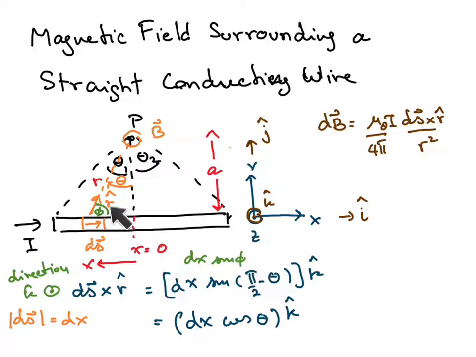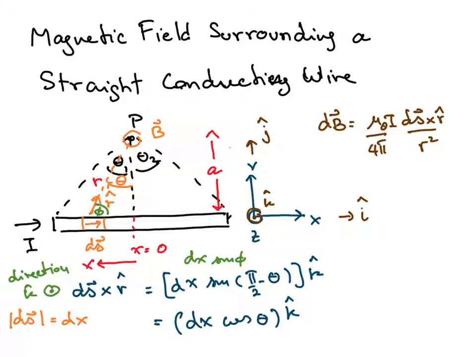But we can see that from this triangle, φ is equal to π over 2 minus θ. So we have that dx sin φ is equal to dx sin of π over 2 minus θ.